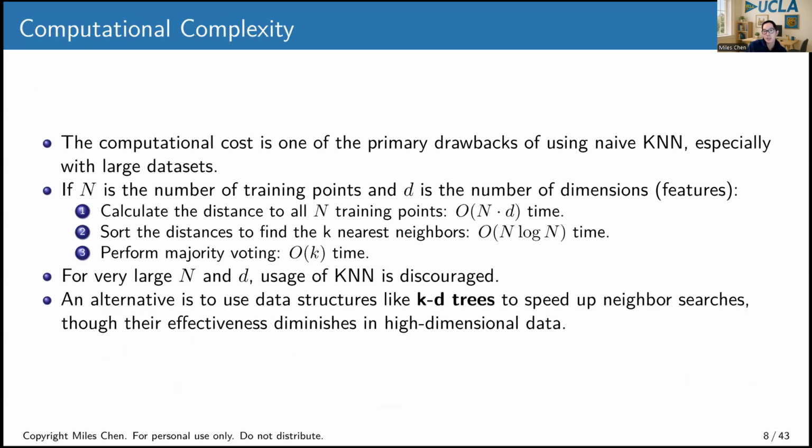One of the biggest drawbacks of using K nearest neighbors is that it is computationally very expensive. If you have n training data points, and each of those n data points exist in d dimensions, okay, then calculating the distance from your test point to all n training data points is on the order of n times d.